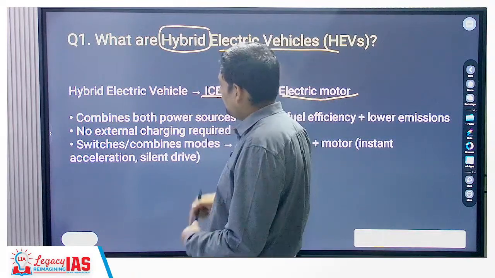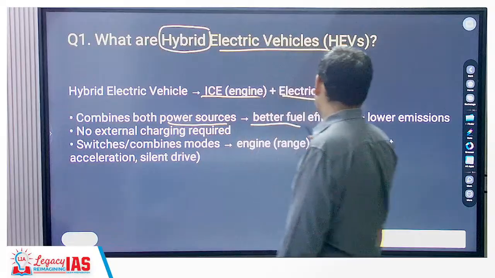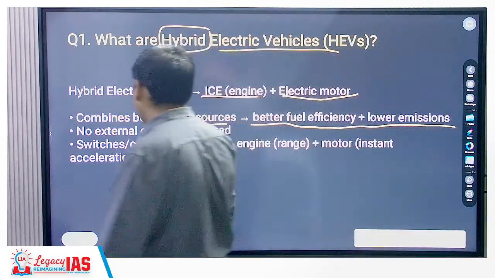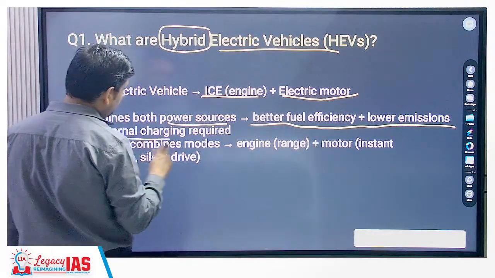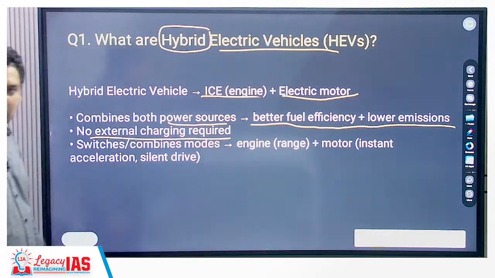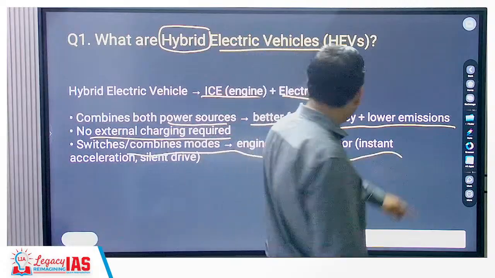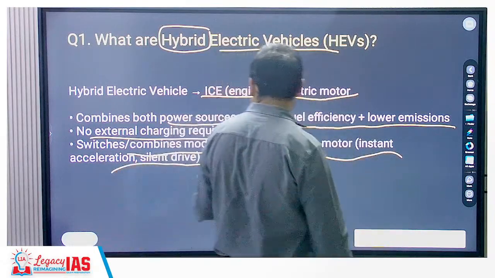It combines both power sources, with better fuel efficiency plus lower emissions. Then there is no external charging required. We'll understand why no external charging is written. It switches or combines modes: engine for range, motor for instant acceleration and silent drive.